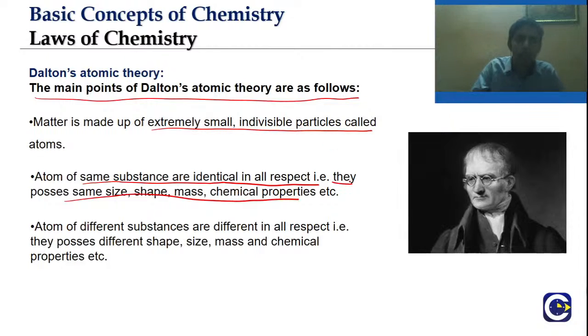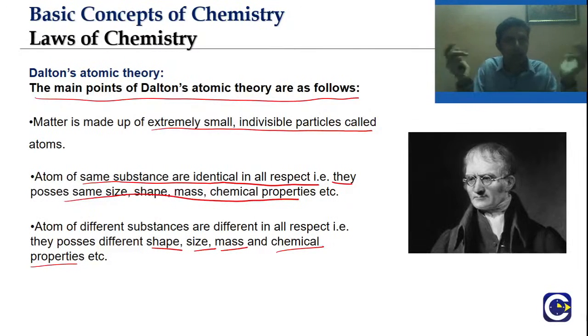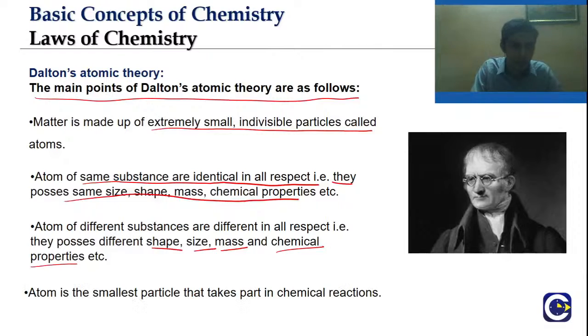That is, they possess different shape, size, mass, and chemical properties. For example, I cannot compare hydrogen and oxygen. Hydrogen will have its own properties, oxygen will have its own properties, so both will be different. That's what he said.